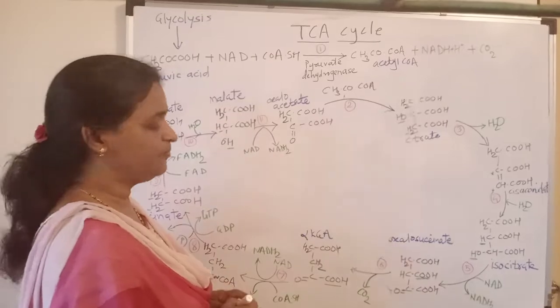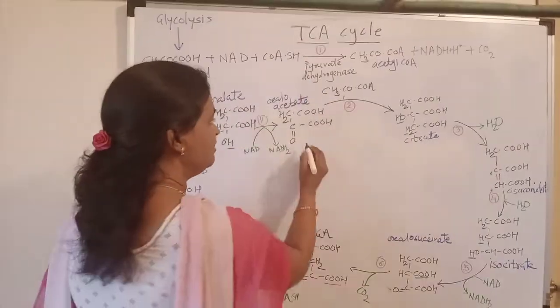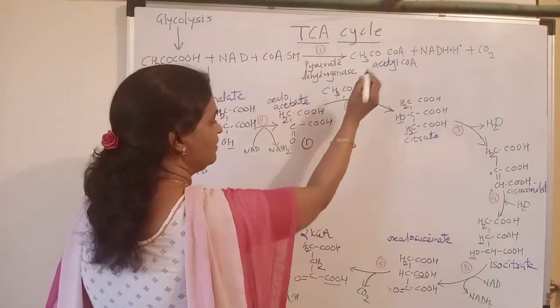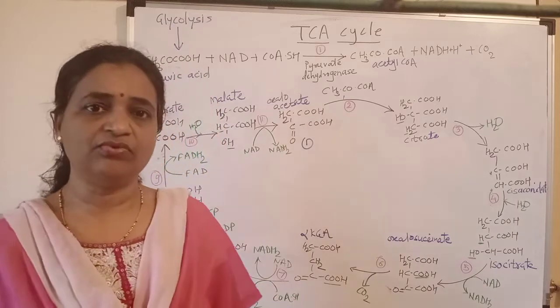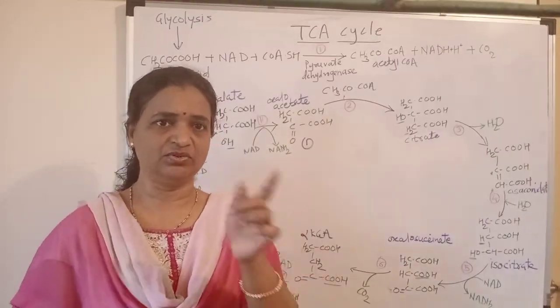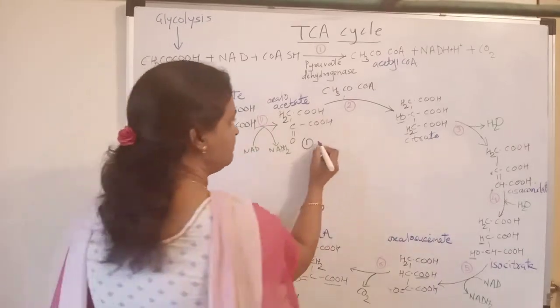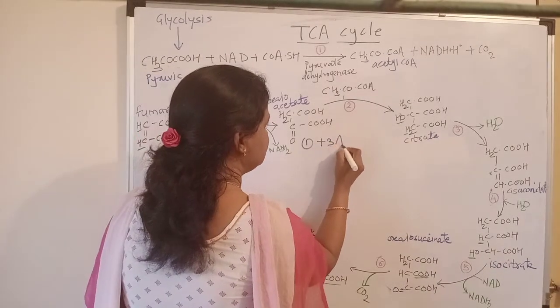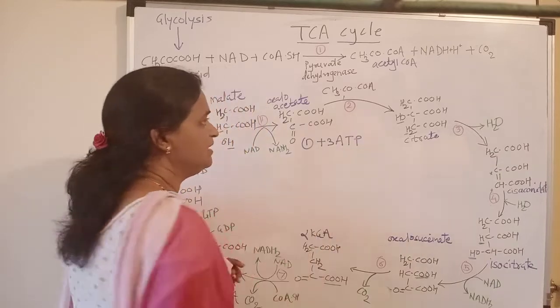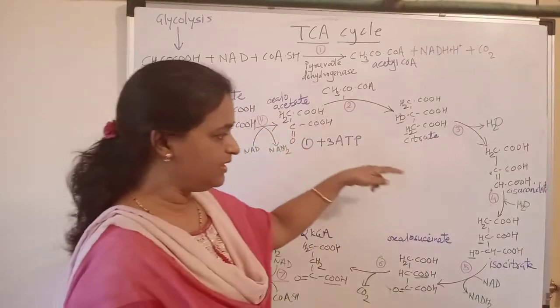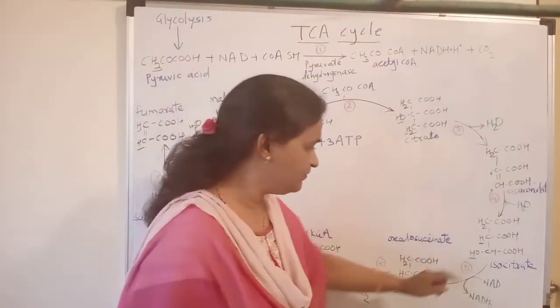So first of all, the reaction number 1, which is a bridge reaction, here we get one NADH2. As I told, from one NADH2, when it passes through the electron transport chain, we get 3 ATP molecules. So I will write it as 3 ATP in the bridge reaction. Then the next reaction where we get the reduced energy is the fifth reaction.